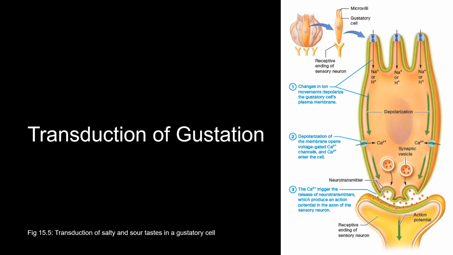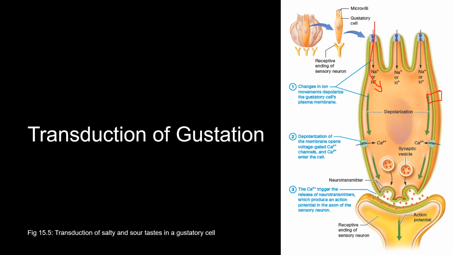Here you can see exactly what I'm talking about. For salty and sour, those sodium and hydrogen ions go straight in through those ion channels. If they're not salty or sour, they have to activate that G protein, and then the G protein is going to close potassium leak channels, leading to a gradual depolarization.